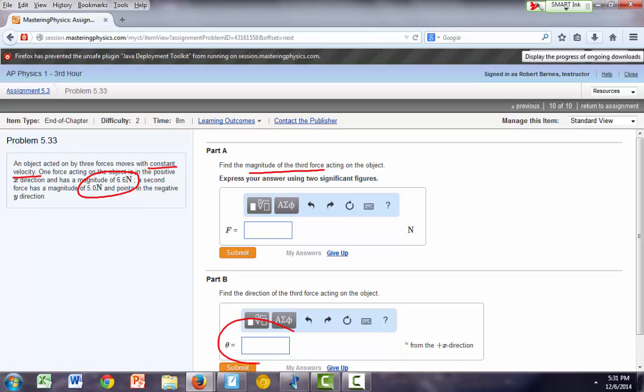The most common mistake is you put the angle of the sum of those two forces in, and you're trying to find the third force that opposes the sum of those two. So it's going to be 180 degrees from the sum of those two forces, okay?